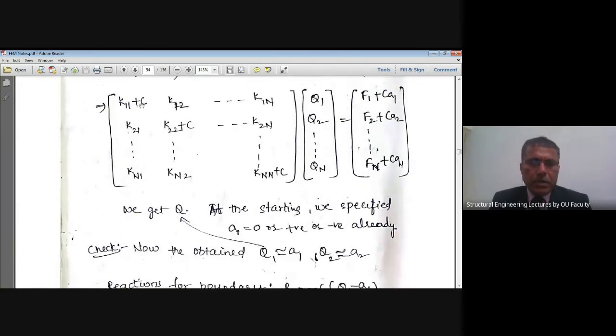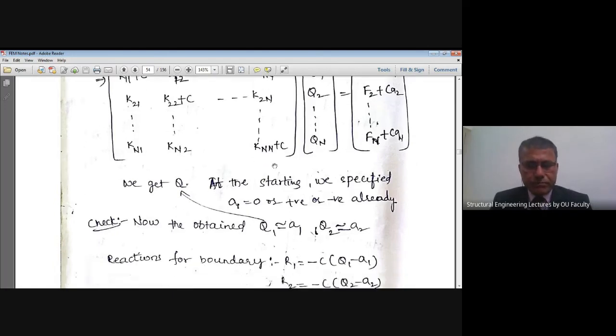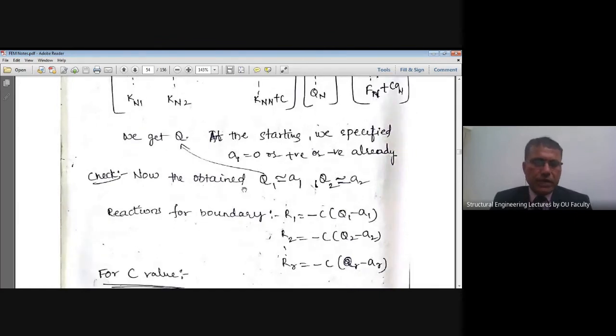This is the modified stiffness matrix operating upon the unknown displacement vector. Still Q1 is unknown, though QP1 is equal to A1. From the solution, I'll get Q1 must be approximately equal to A1 only, right? On the right hand side is the modified load vector.